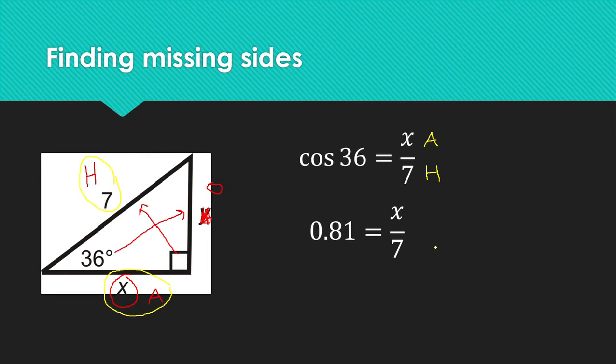Now, a couple options to solve this. You could either multiply both sides by 7, or some of my students like to write it as a proportion by putting this over 1, because then I can cross multiply. I can say X times 1 equals 7 times 0.81, and I end up with X equals 5.67.